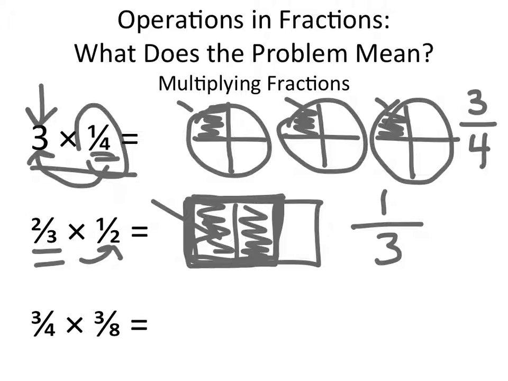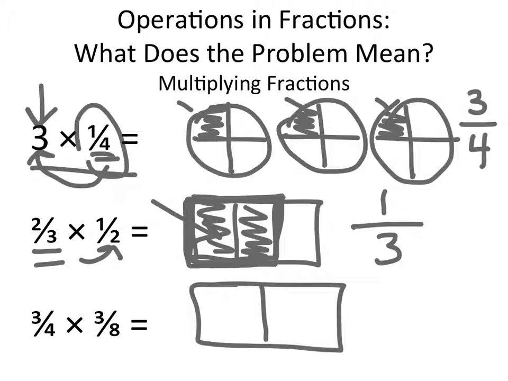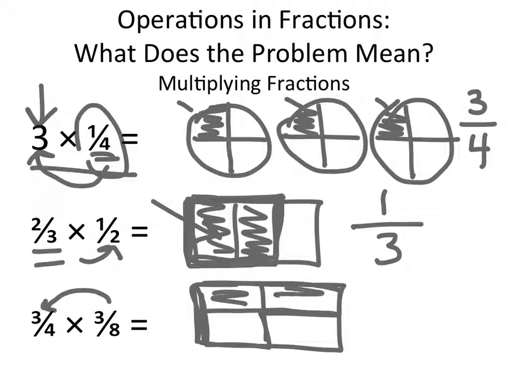What about this problem? What if I start with 3/4 and I want to take my 3/4 3/8 times? 3/8 of 3/4. That's actually pretty complicated. How can I take 3/8 of a piece that shows 3/4? There's my 3/4.